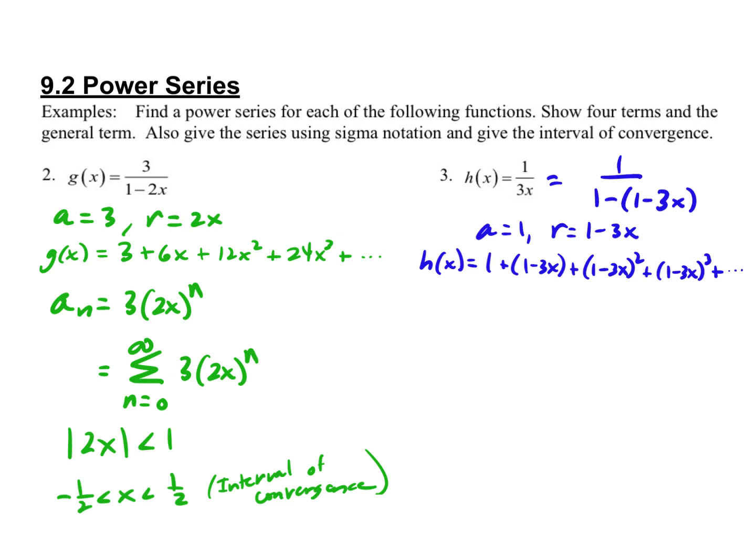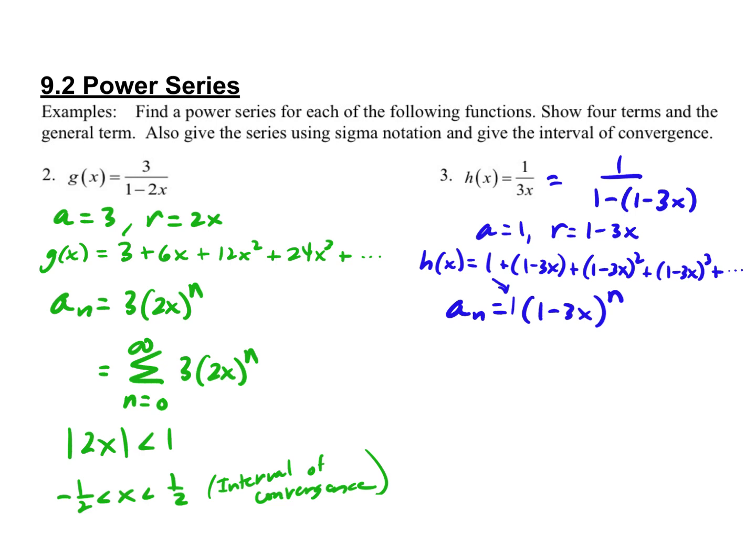All right, what is the nth term here? How would I write it? 1 minus 3x. Yep. I didn't include the 1, right? I could have put that little 1 right there for the first term, but obviously that doesn't do anything.